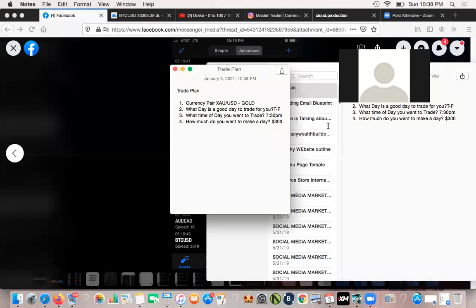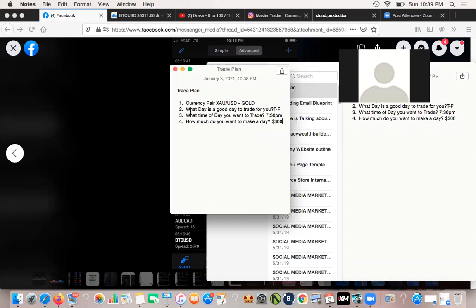This is also where having that set amount a day comes in, because you could make your $300 and then get greedy and try to make another $500, and you're going to keep wanting to put in more trades because of the anxiousness of making that much money that fast. You can blow your amount of money just that fast too, and you're wondering what the heck just went on.